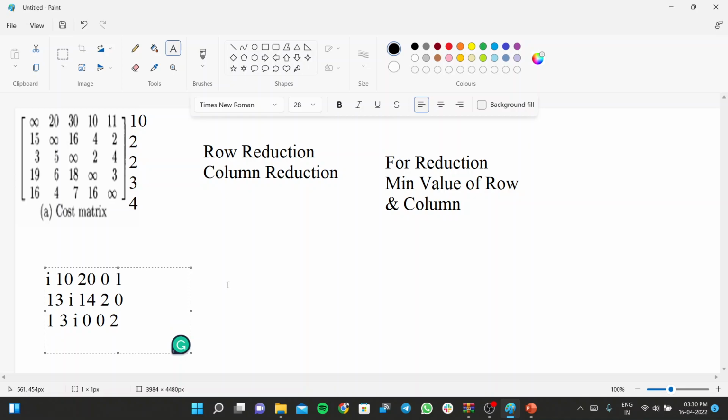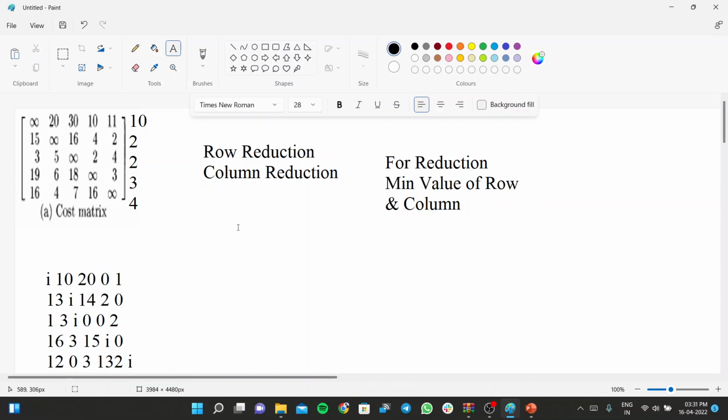Like this 19 minus 3 gives me 16, 3, 15, infinite, 0. For 16 minus 4 gives me 12, 0, and then 3. 16 minus 4 gives me again 12, and infinite.